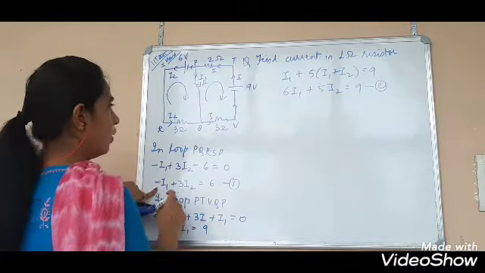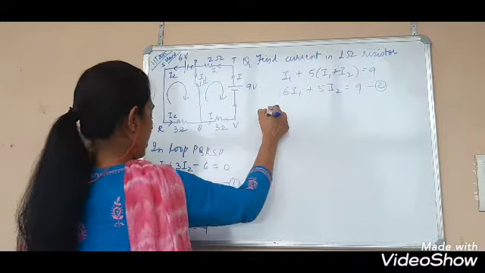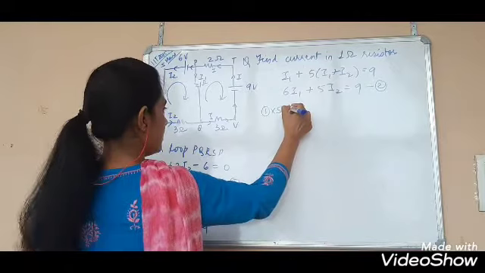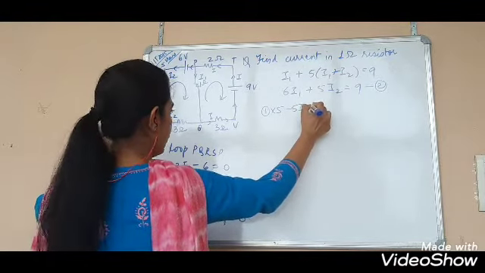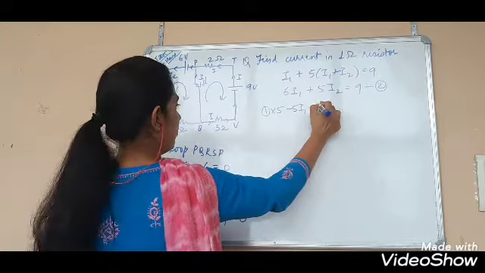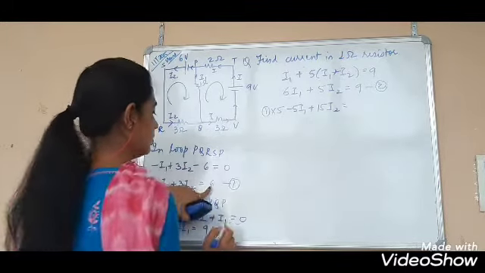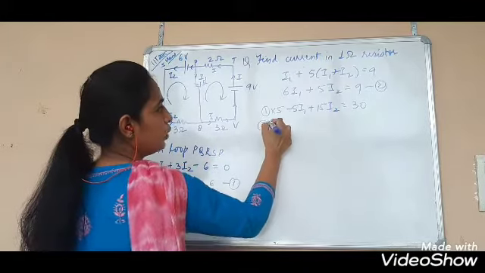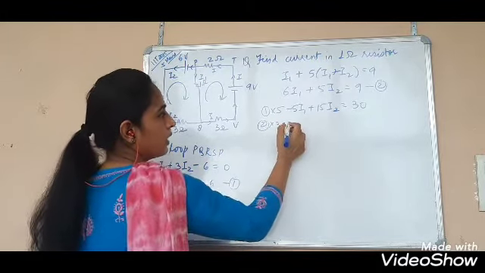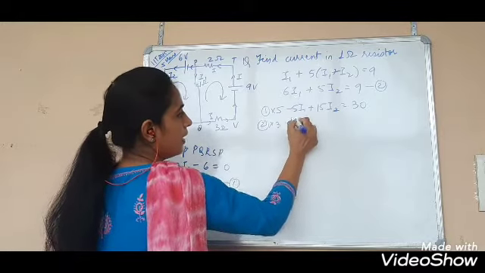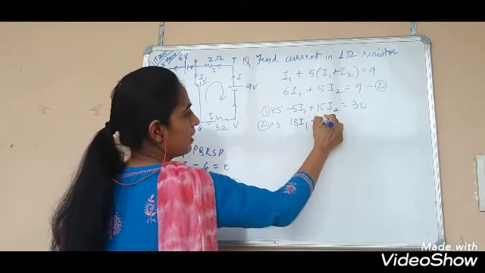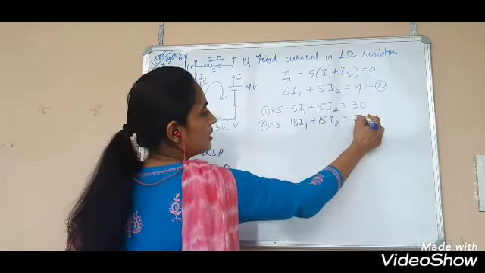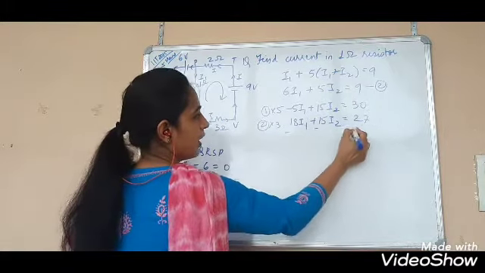Okay. So multiplying equation 1 by 5, we get minus 5 I1 plus 3 5s are 15 I2 is equals to 5 6s are 30. And multiplying equation 2 by 3, you get 6 3s are 18 I1 plus 5 3s are 15 I2 is equals to 9 3s are 27, and then subtract.